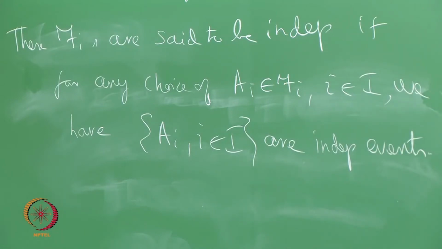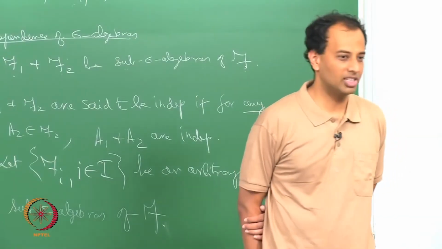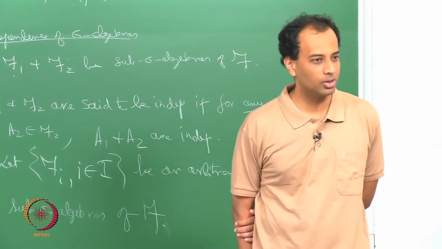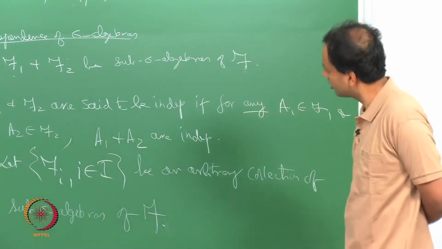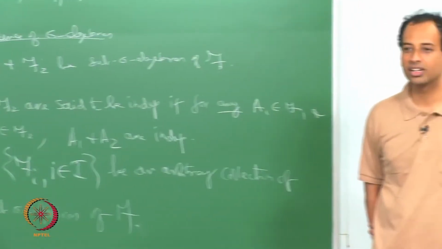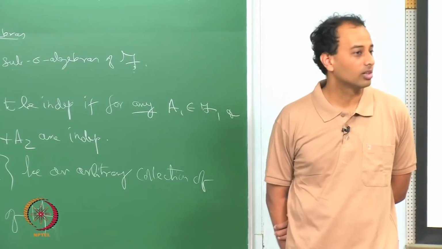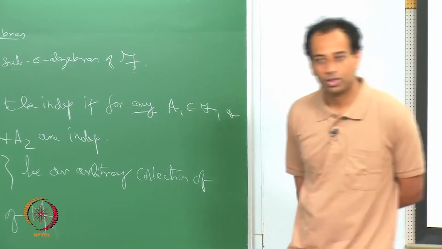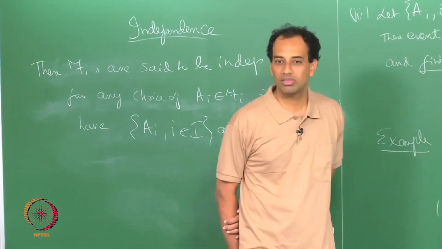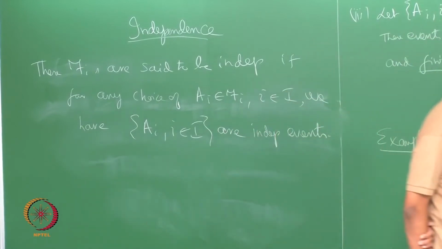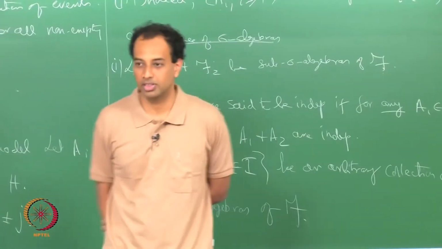Okay. So, you are given some arbitrary collection of sub sigma algebras of F, right. From that collection, each of those sigma algebras will contain phi, omega and a bunch of other subsets, right. Now, from each of those sigma algebras, you pick any Ai you want, right. No matter which way you pick this Ai, if Ai, i belongs to I, are independent events, then this collection of sigma algebras are said to be independent sigma algebras.